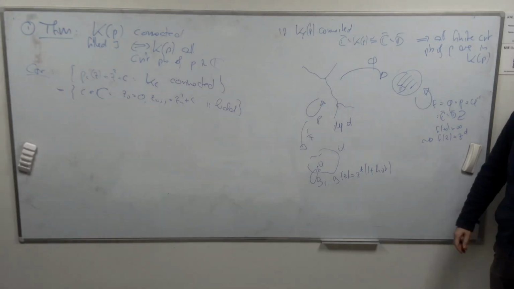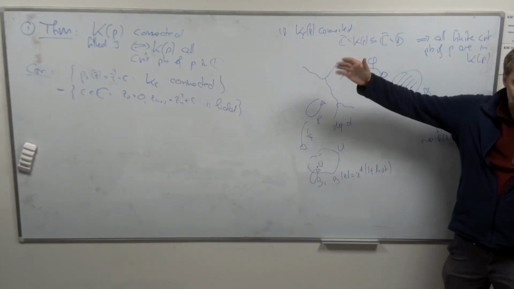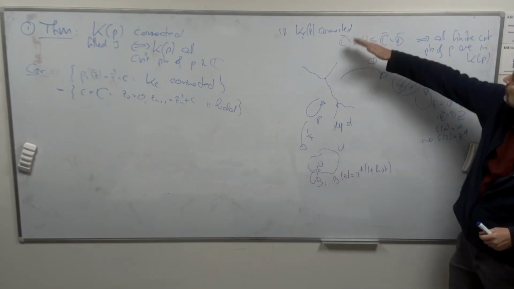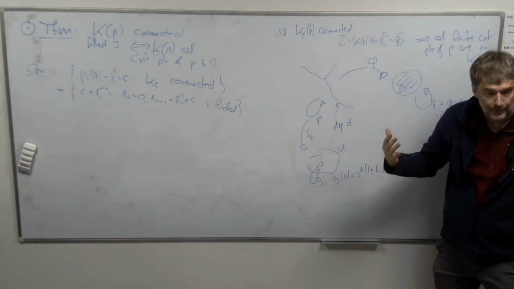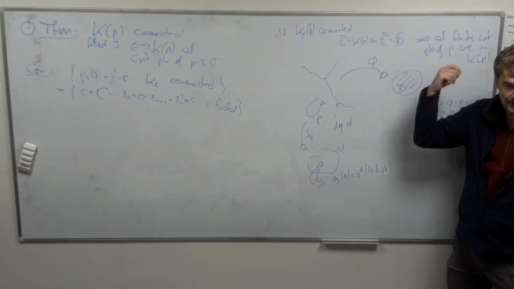Where does this come from? I just take a conjugation in a neighborhood of infinity. Now suppose we have an arbitrary polynomial, and I want to show the equivalence of these two conditions.